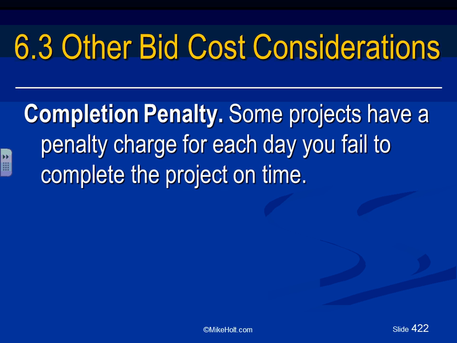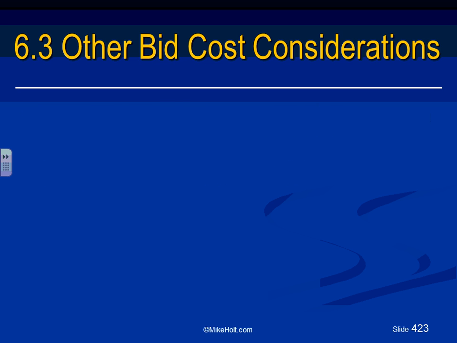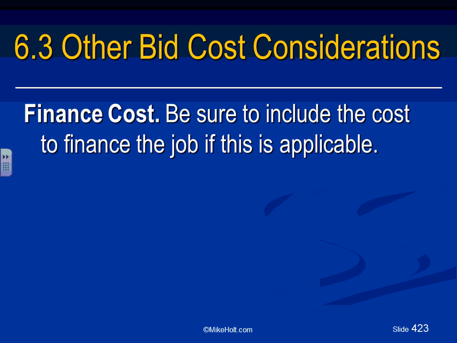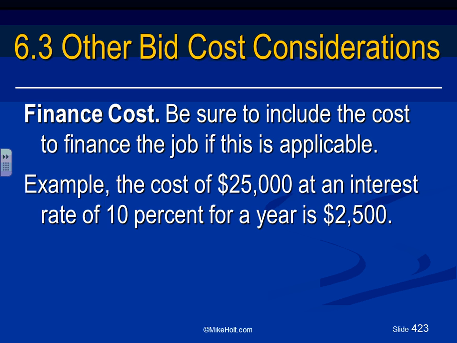We'll talk about the other bid consideration, completion penalty. A lot of companies, if you do not complete within 6 months like you promised, will penalize you. If you don't complete the project on time, you'll get penalized. Be sure to include the finance cost. If you borrow money to do this project, you must add some money for the interest that you're going to have on this project.